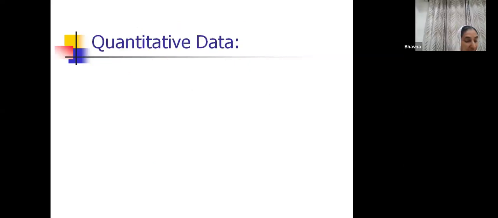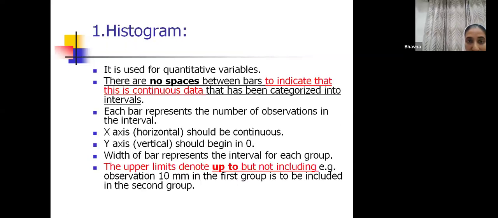So now here we start with today's class. Now we talk about quantitative data today. The most important diagram that you all should know is the histogram. It's extremely important for you to understand that the histogram is the most frequently used diagram in biostatistics and in medical research, because normally the kind of data that we collect from patients is mostly quantitative.